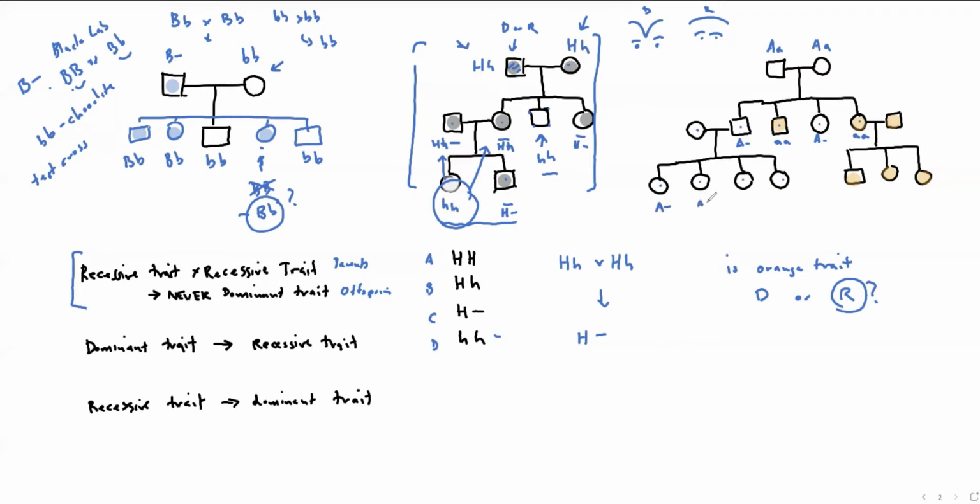These all have to be big A dash because we can't say for certain that they're homozygous or heterozygous, right? This individual could be either. And so again, if you don't have any information, you've got to say, well, I don't have enough information. I've got to accept the idea that it might be either homozygous or heterozygous, right?